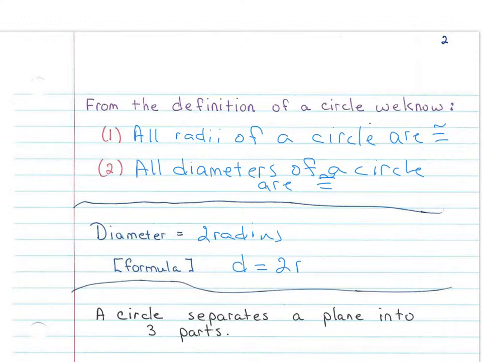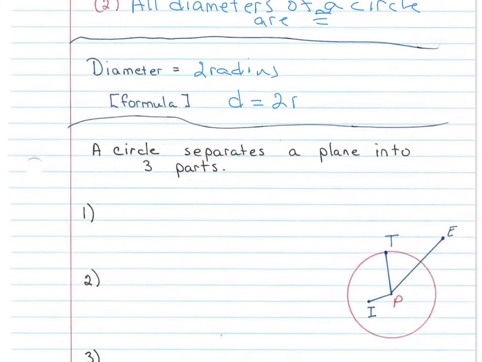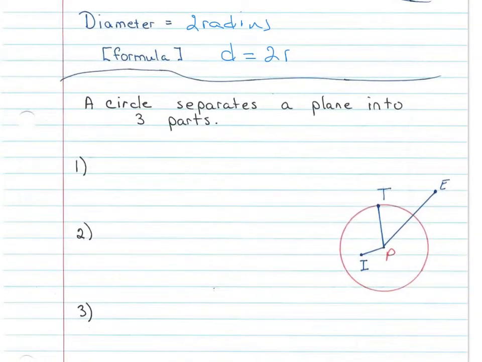Now when we look at a circle, it separates the plane into 3 parts. You've got the interior, pretty much common sense. I is in the interior of circle P. You have the exterior.